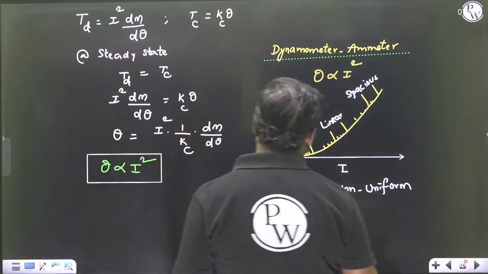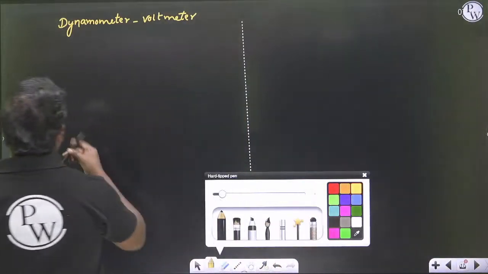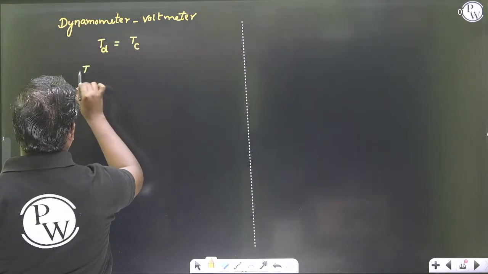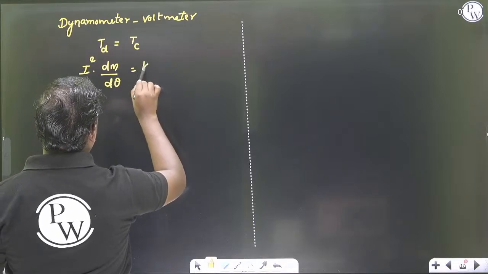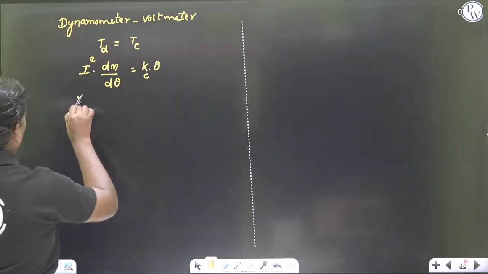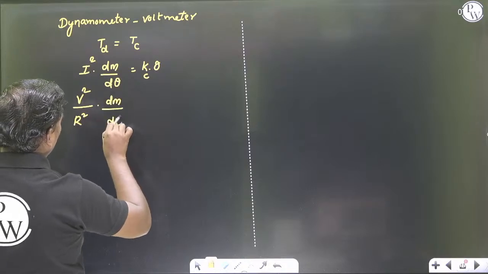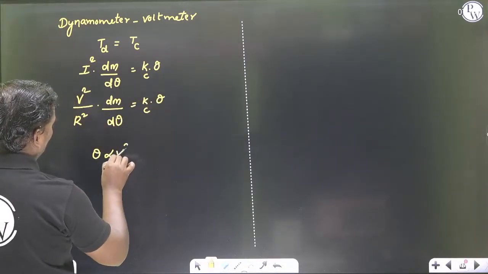So I square, TD is equal to TC. I square dM by d theta is equal to Kc theta. So this is V square by R square dM by d theta is equal to Kc theta. So theta is proportional to V square.